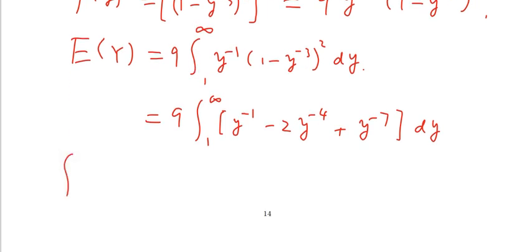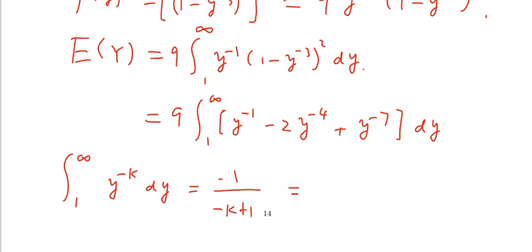So for this, like we say y^-1, let's say how about y^-k dy. So this equals what? This is just equal to negative k plus 1... No, negative k, it should be negative 1, yeah. So this equals just k minus 1.